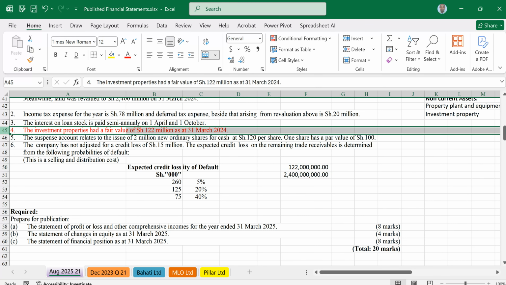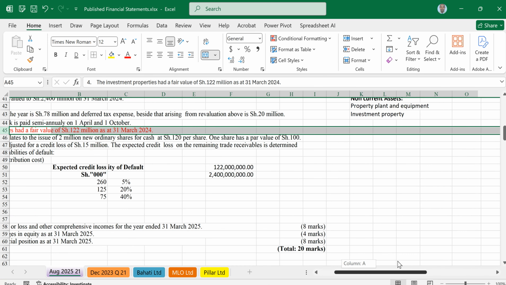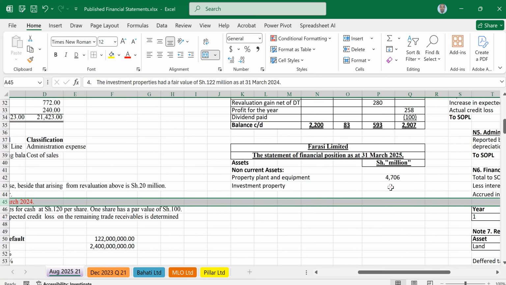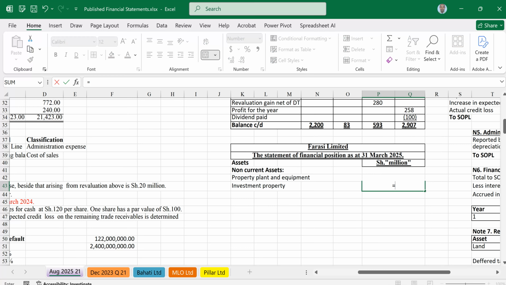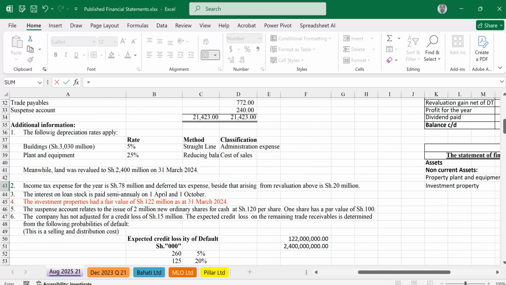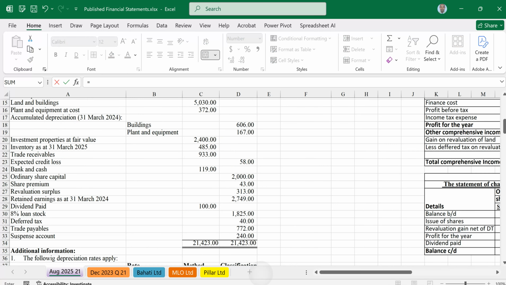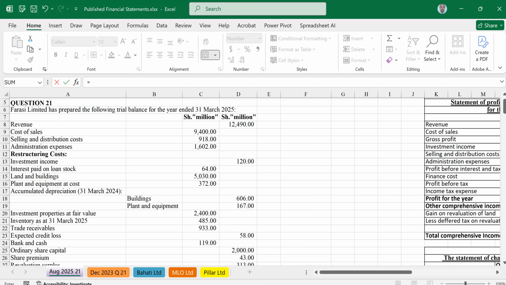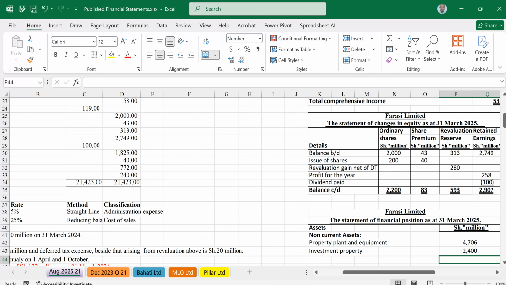Remember, it would have gone to other comprehensive income as well, the revaluation gain or loss on investment property. So I don't want to use that. I'll just use the 2.4 in the trial balance. So this will be equal sign 2.4, which is here.